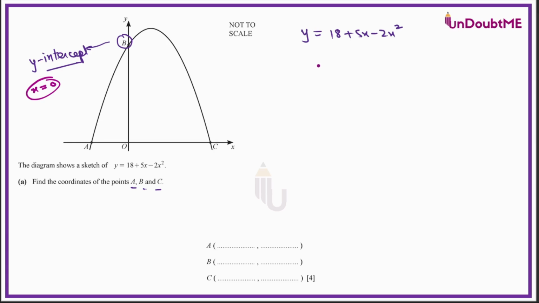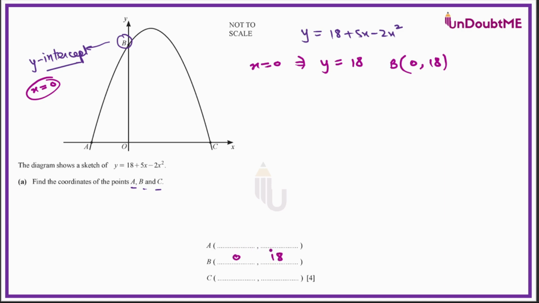So if I put x is equal to 0, then y will be 18. So we can say that 0, 18 is the coordinate of point B. Okay, that I can fill over here, 0, 18.